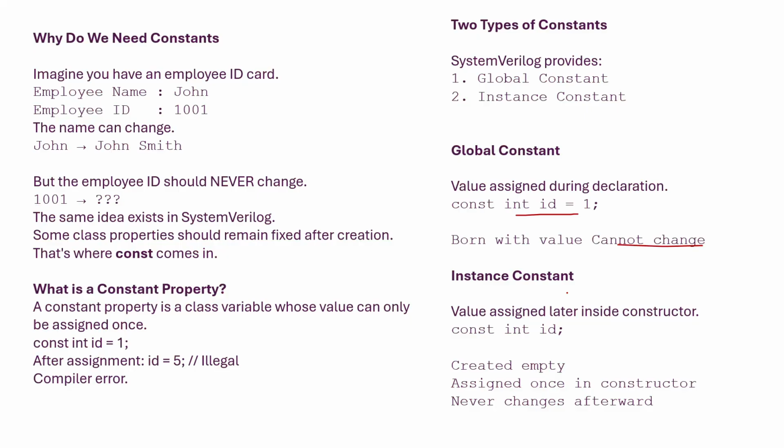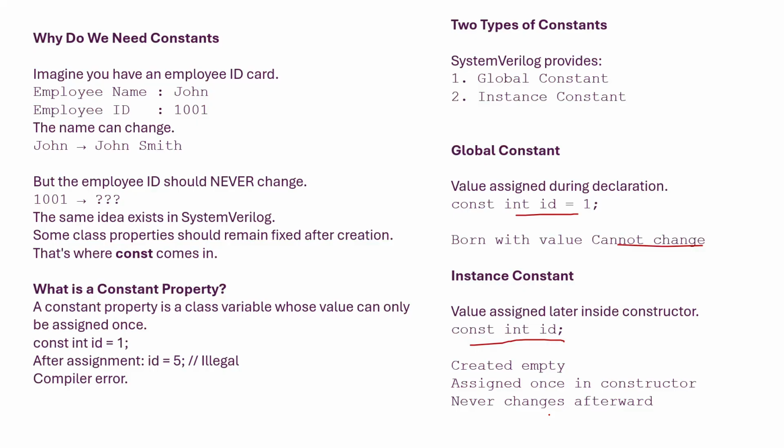Same way here also we can give it in the constructor and then assign the value. So here constant id is created empty, assigned once in the constructor, never changed afterwards. Once you assign the value in the constructor, it cannot be changed. If you want to change, you can create multiple objects.